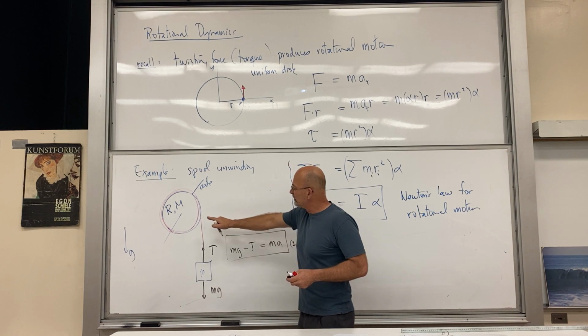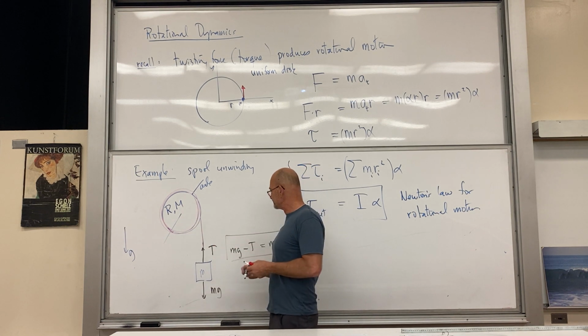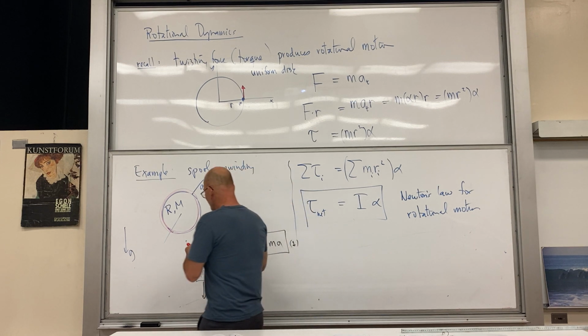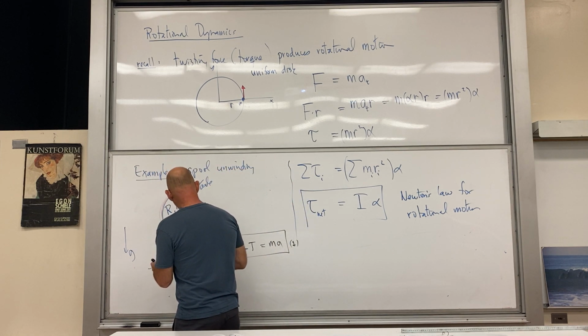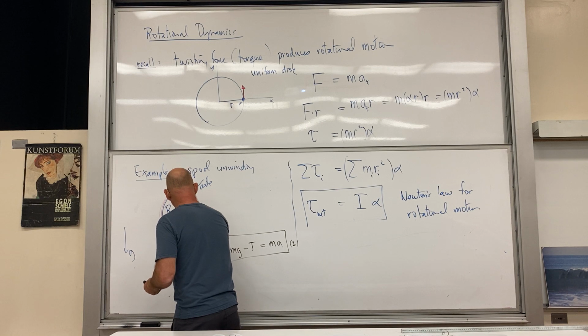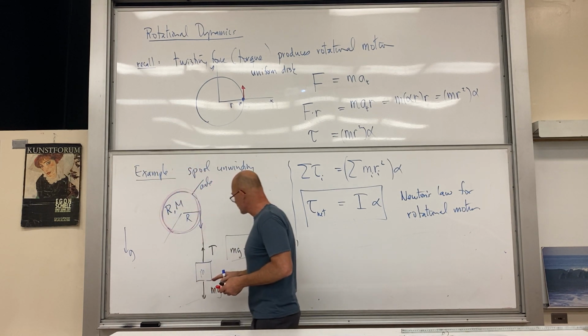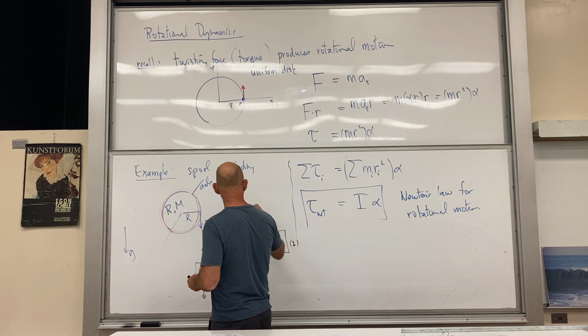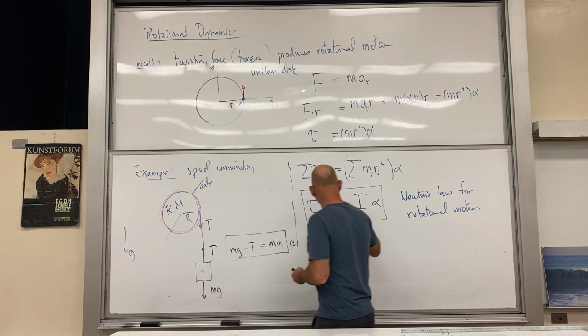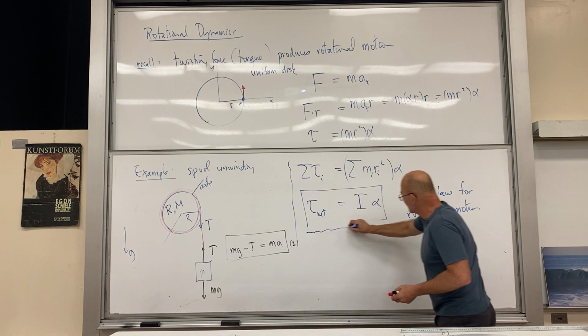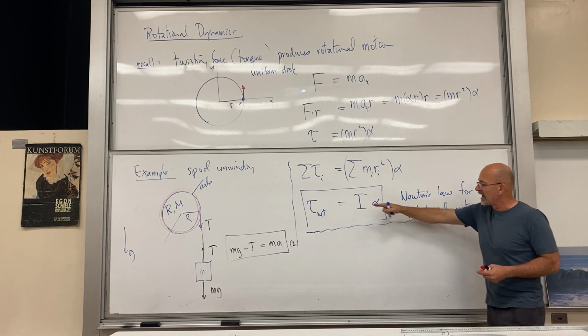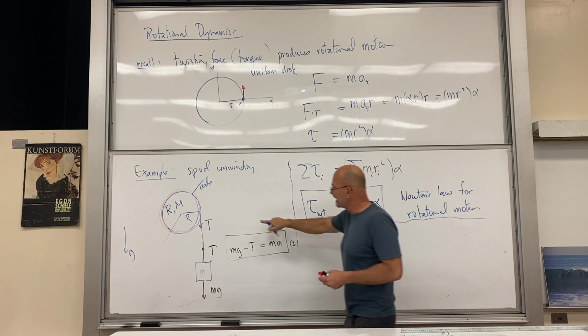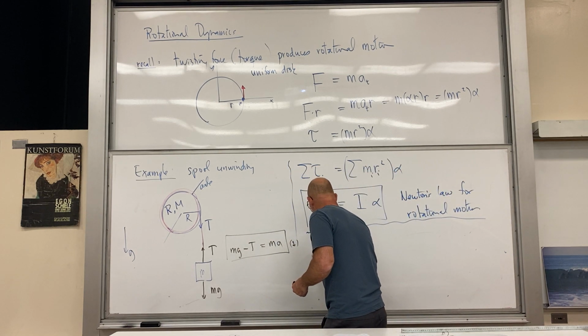But what about Newton's law for this rotating spool? We realize that there is a, let's see, radius here. So there's a torque, right? And it's the tension that's producing a torque. So I'm going to work underneath this equation right here. For the torque is T times R, tension times radius.